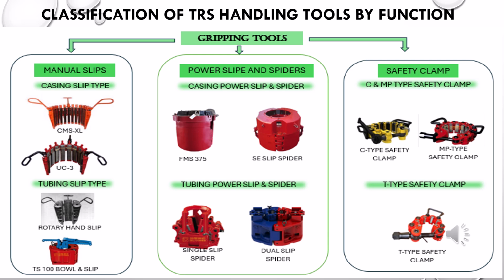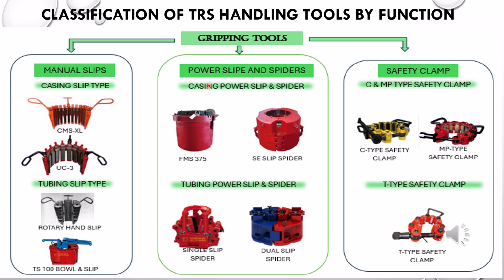Here's a picture summary of our gripping tools, from the manual slips to the power slips and spiders, and of course the safety clamp. All right, we have our manual slip here. For the casing, we have the CMX XL and of course the UC3, and then for the tubing we have rotary hand slip and the TRS 100 ball slip.